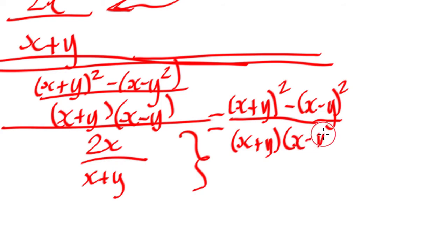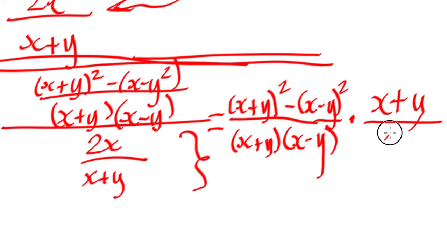Let's proceed now to multiplication. We're going to put a multiplication dot here, and then proceed with the reciprocal of this denominator of ours. So we have x plus y all over 2x.